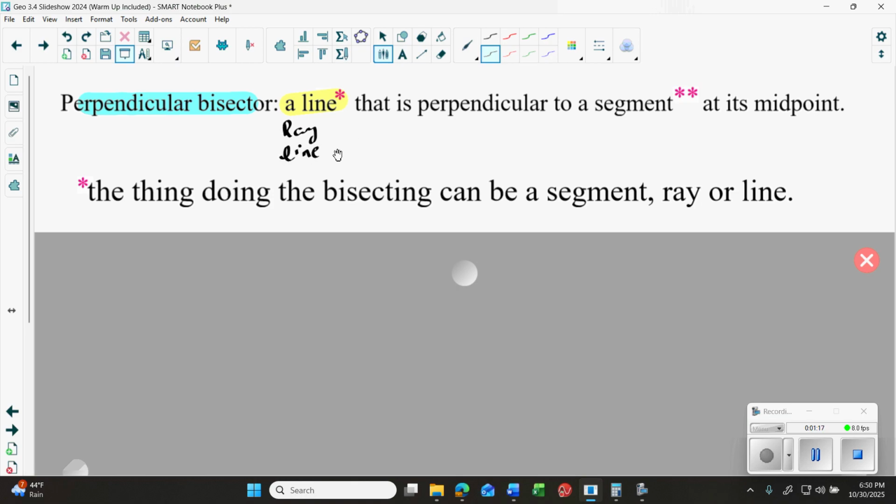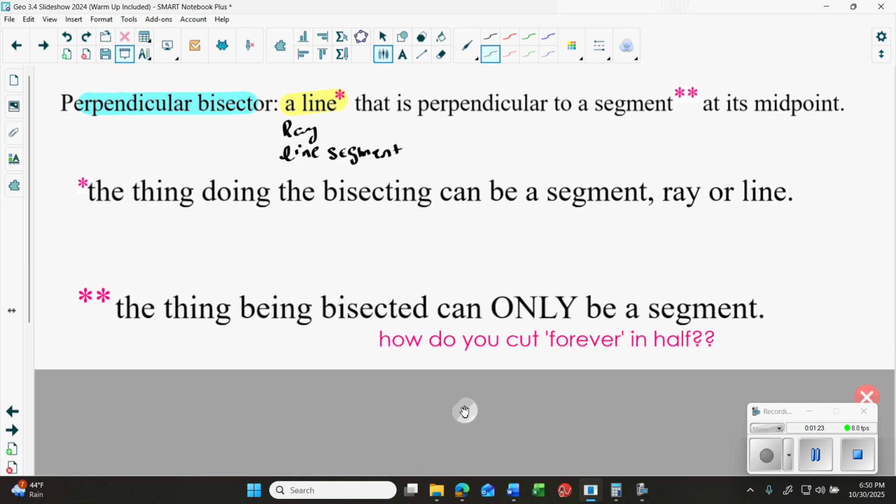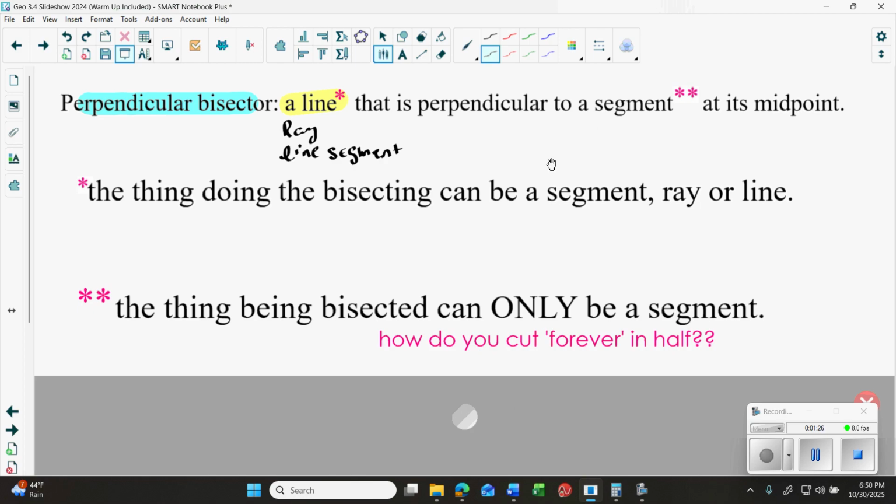It doesn't have to be a line. However, the thing being bisected can only be a segment. So this has to remain a segment. And remember, we talked about how you can't cut a ray or a line in half.